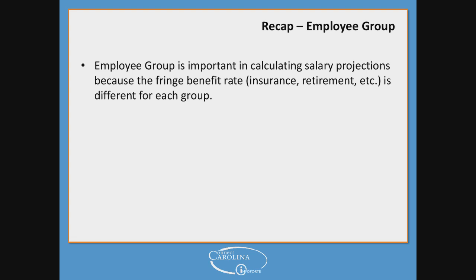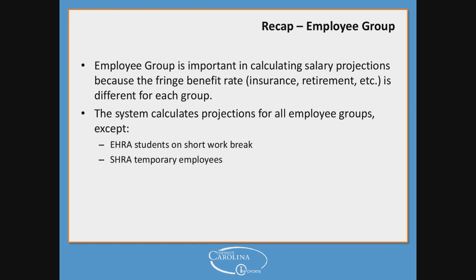Cool. Okay, so let's recap what Jackie just told us. Remember that employee group is important when calculating salary projections, because the fringe benefit rate is different for EHRA versus SHRA. Also, the system calculates projections for all employee groups except for EHRA students on short work break and SHRA temporary employees.